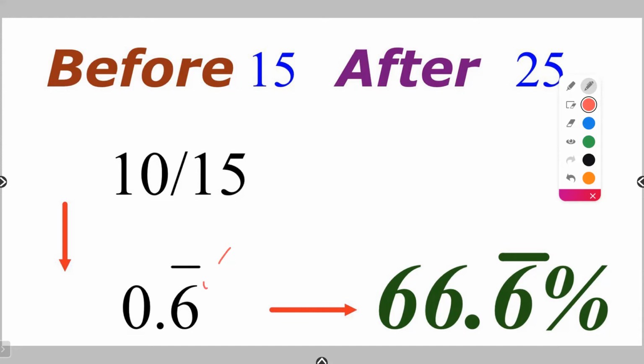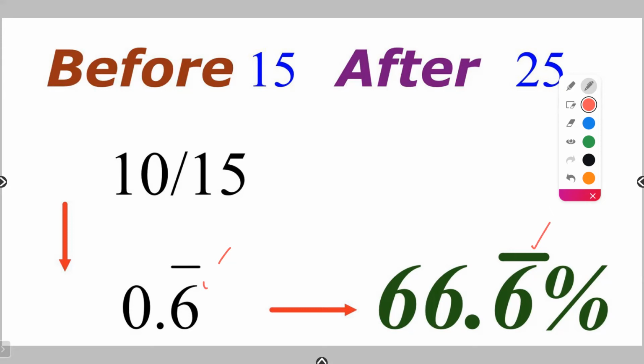Now, when you take the decimal and you multiply it by 100 on your calculator, you're going to get 66.6. Notice the bar only goes after the decimal place, not before the decimal place. So when we multiply this by 100, you're going to get 66 point. And now this is where they start to repeat. So that's why that has that bar right there.